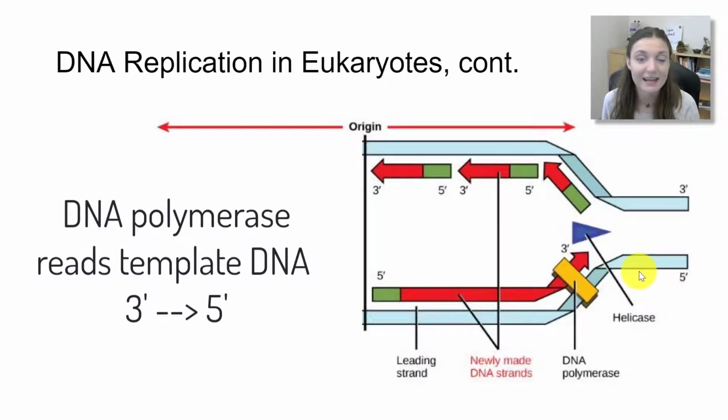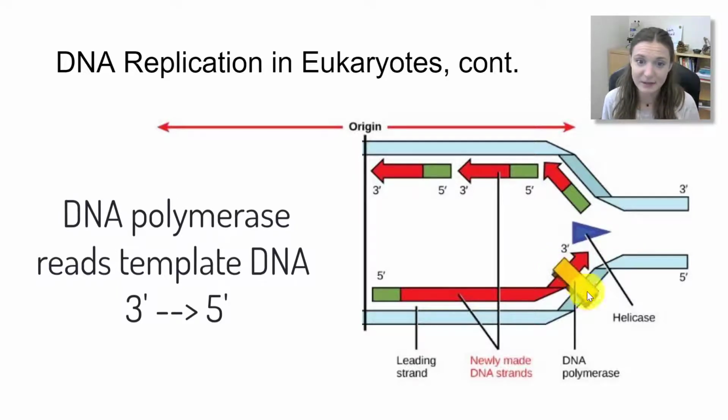DNA polymerase can only move in one direction. DNA polymerase can only read the original DNA moving from 3' to 5'. This is important because this explains kind of a weird thing about DNA replication.